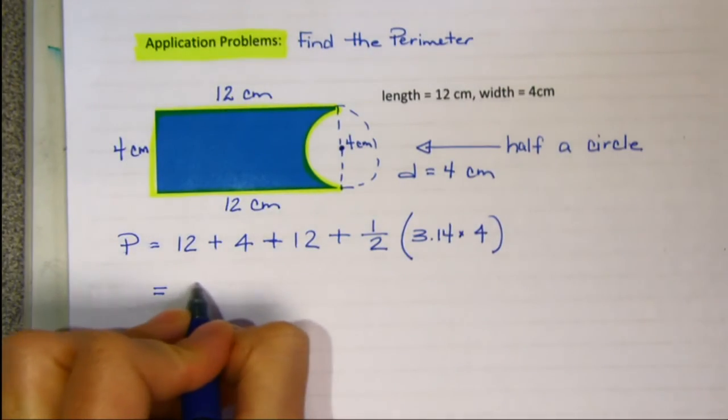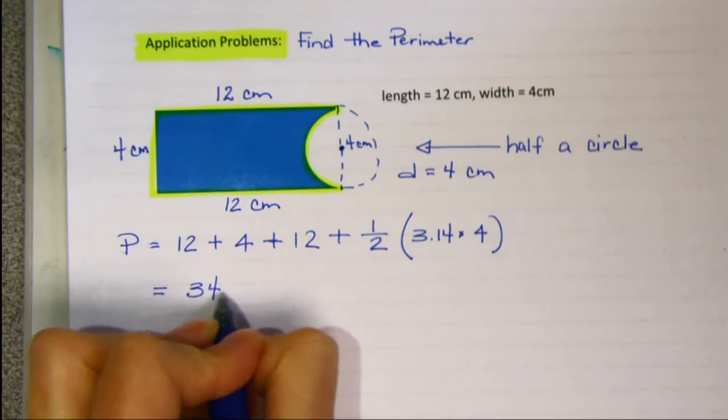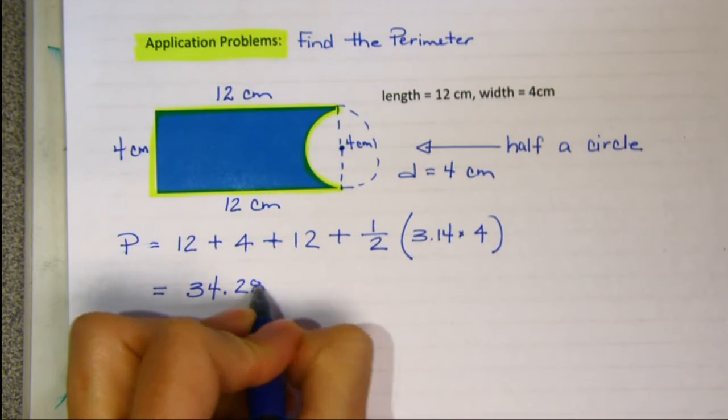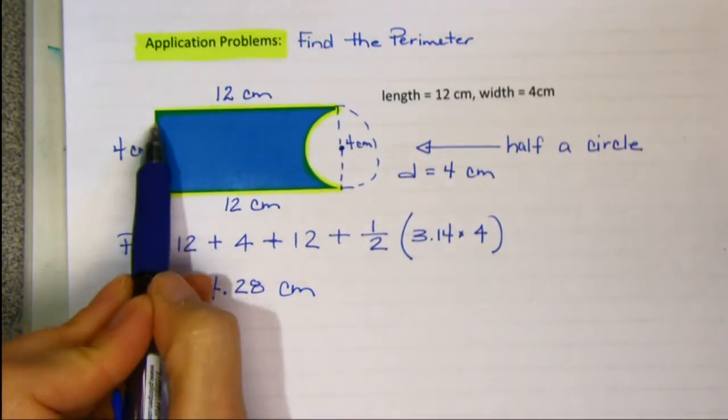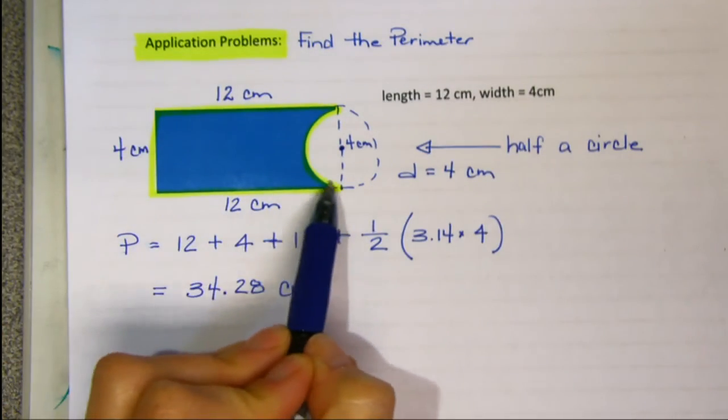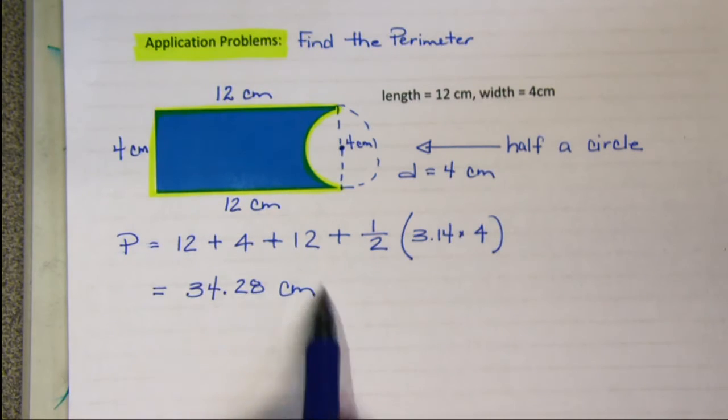So the perimeter is 34.28 centimeters. So if I walked from here all the way back to where I started, I've walked that far.